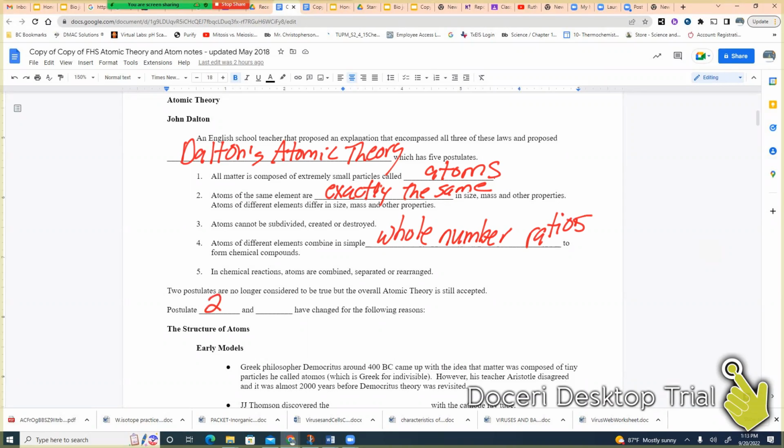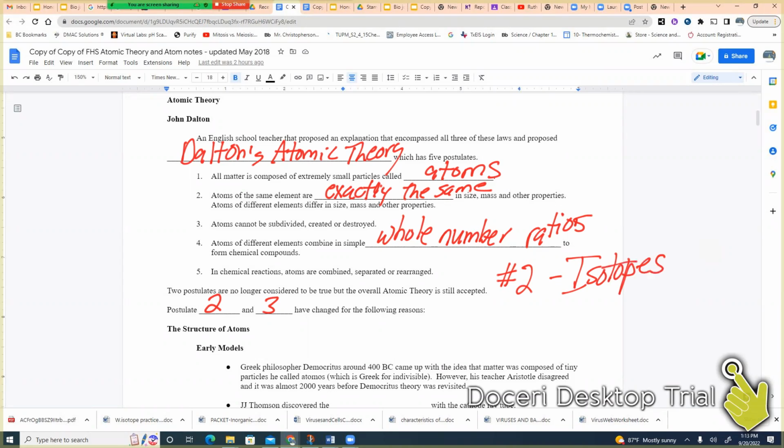Postulate number 2 and number 3 have had some changes or some things that were later discovered. Number 2 is the one that said atoms of the same element are exactly the same. And now we know that's not entirely true, because of isotopes, and we'll talk more about those tomorrow.